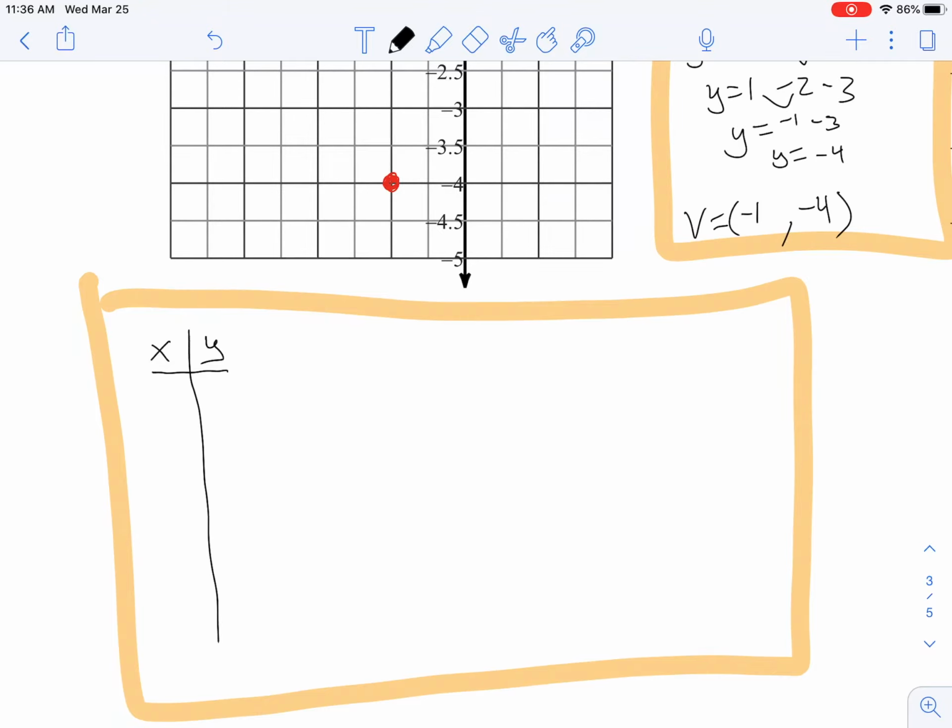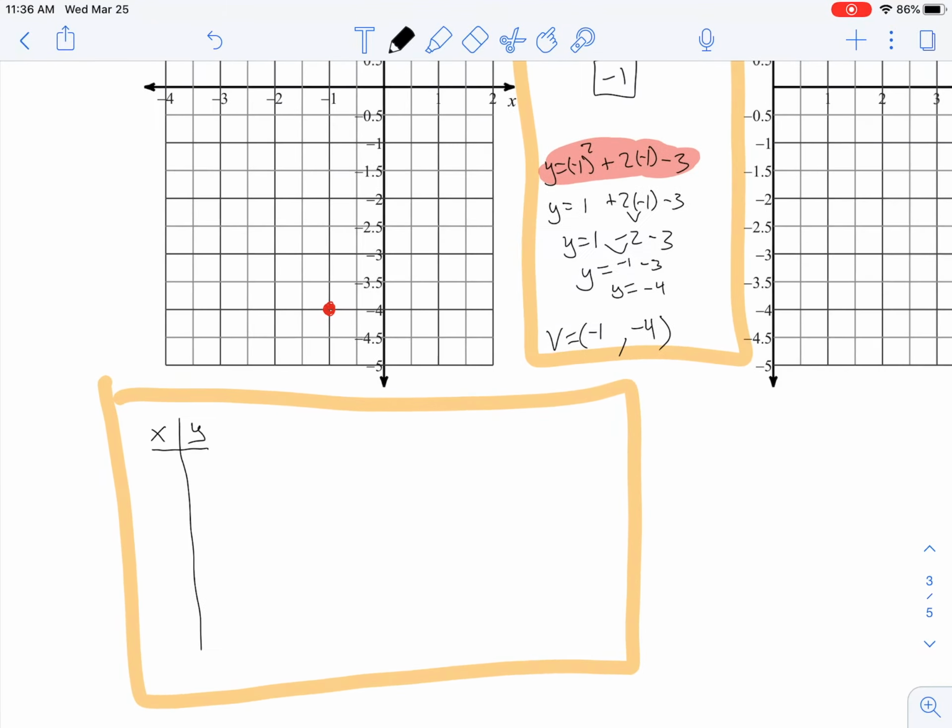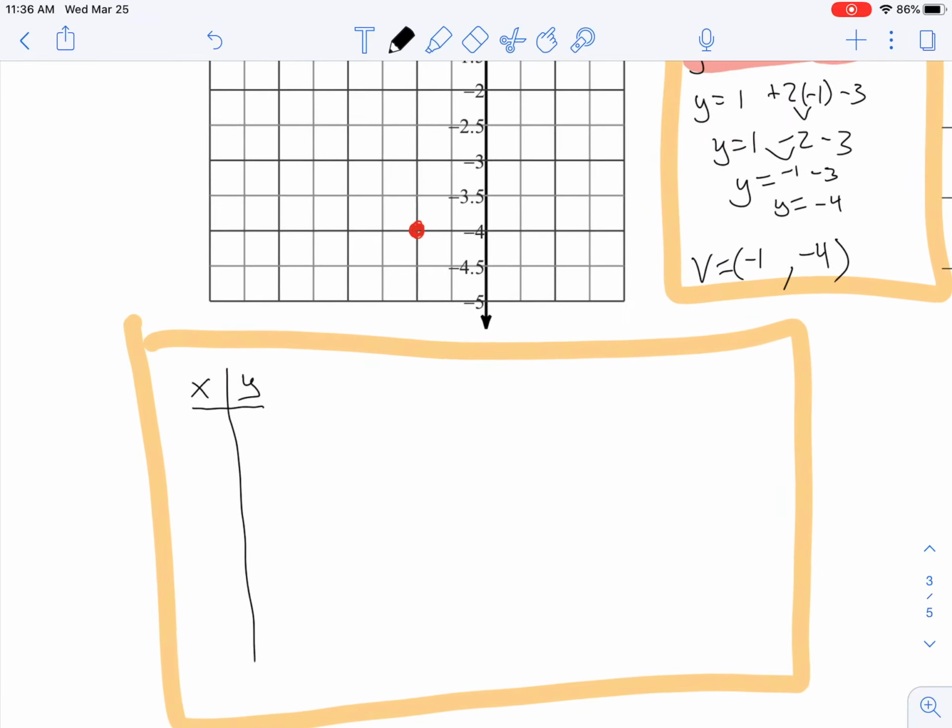And then the middle point, our vertex, is negative 1. So I'm going to use that as my middle point, and then I'm going to pick 2 points smaller and 2 points larger. Remember, on a number line, negative 2 and negative 3 are to the left of negative 1. They're smaller than negative 1.